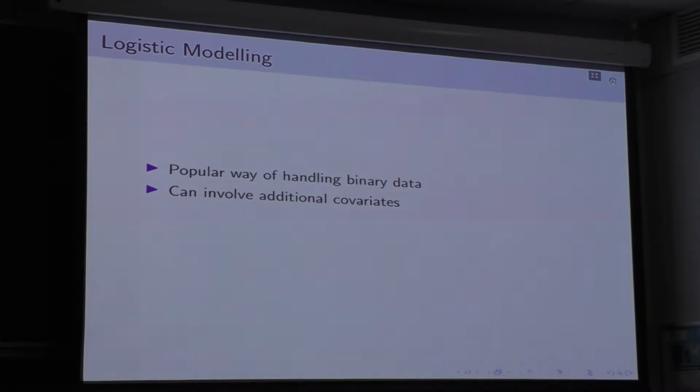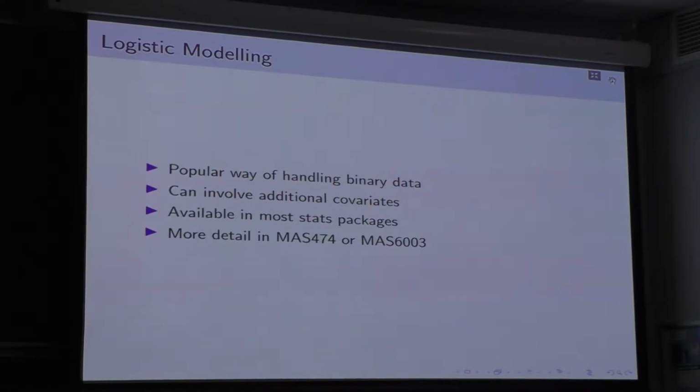We can put in extra covariates there. It's readily available, but the maths doesn't work out quite as neatly as ordinary regression, so it's not available everywhere. These are the courses where you would see more about it if you're taking those, but if not, this should be interesting for you.